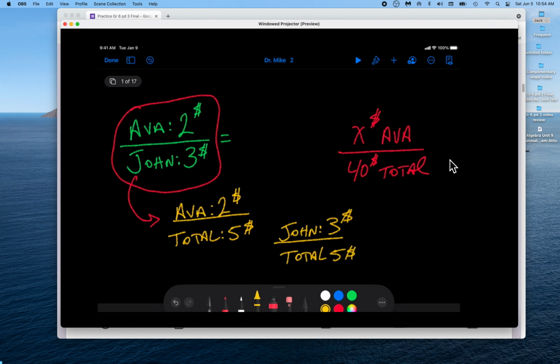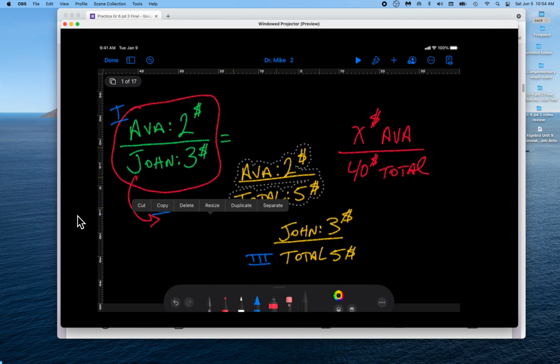Now, which of these weapons, these 3, are we going to use to solve this? We're going to look for one with Ava in the numerator and total in the denominator. Well, out of the 3 weapons, this is the one that fits.